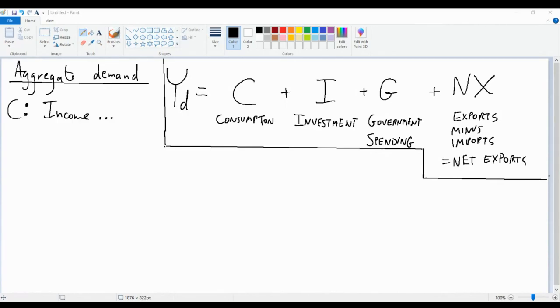The IRS takes my money. Right. Well, I have to pay them, but if I don't, then yes, they come and get it. I have to pay taxes. So the income that matters here is not going to be just our income. It'll be our income minus taxes.